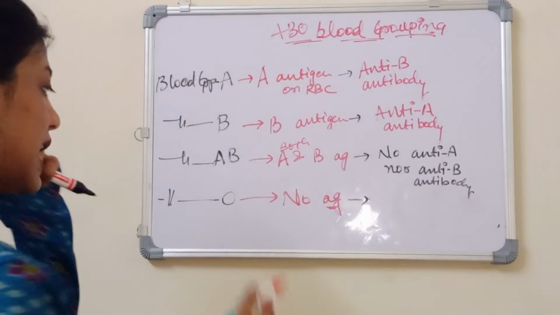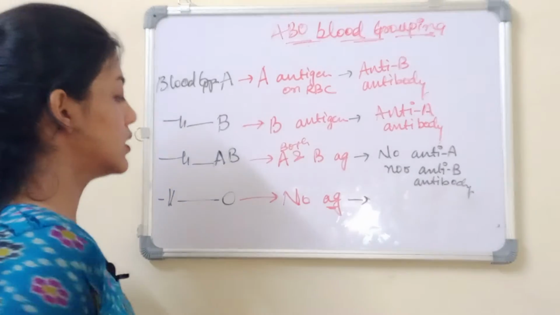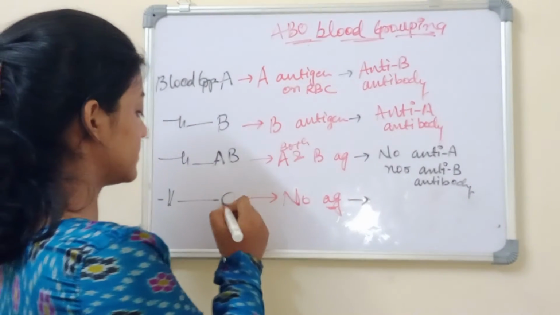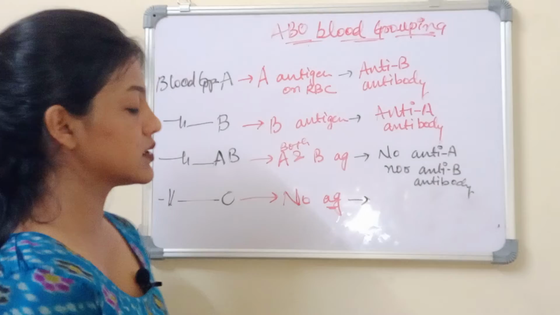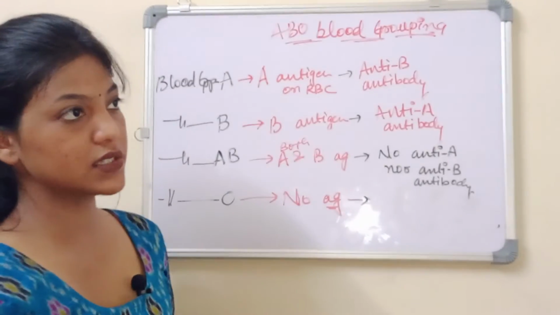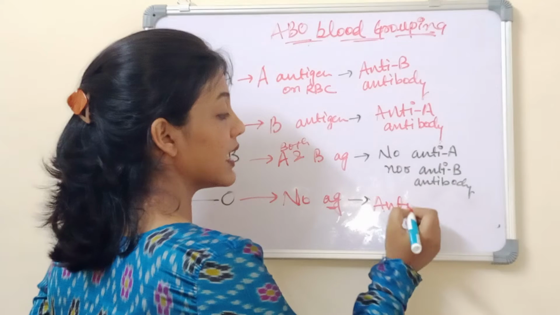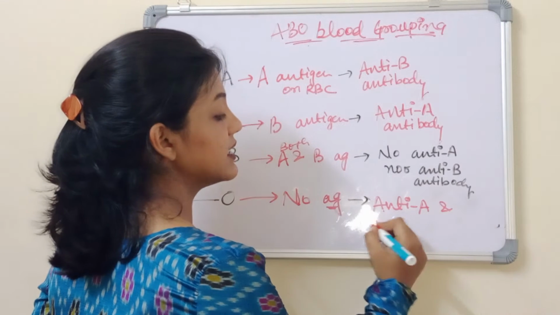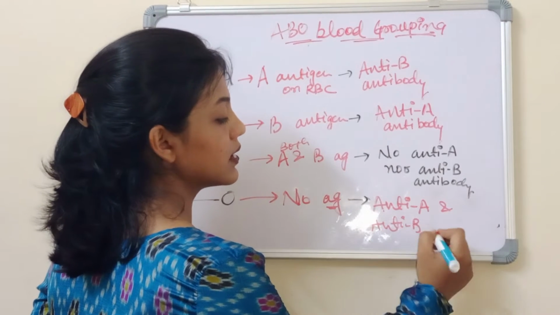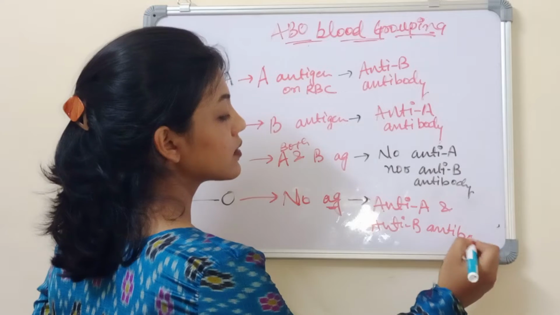clear? Now person having O blood group, right, means there is no antigen, neither A nor B, right? So it has both anti-A and anti-B antibody.